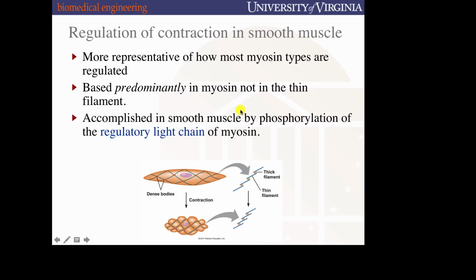It's accomplished in smooth muscle cells by phosphorylation of what's known as the regulatory light chain of myosin. We've talked about phosphorylation before. A kinase is an enzyme that will phosphorylate. And in the case of that regulatory light chain of myosin, which I highlighted a few slides ago, the kinase is called myosin light chain kinase. That's the name of that kinase.